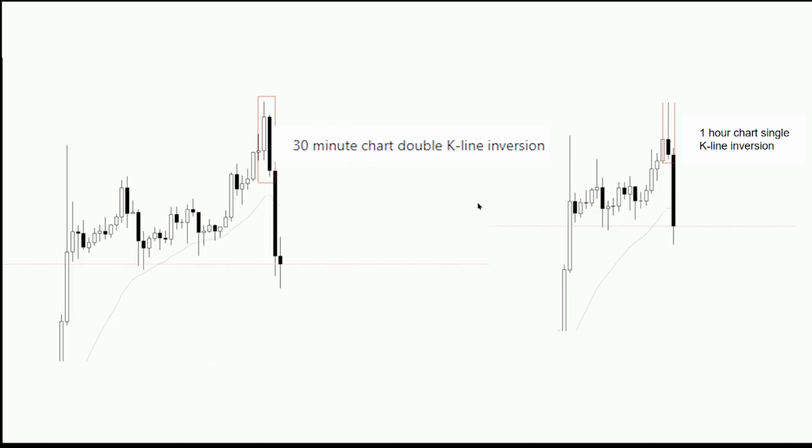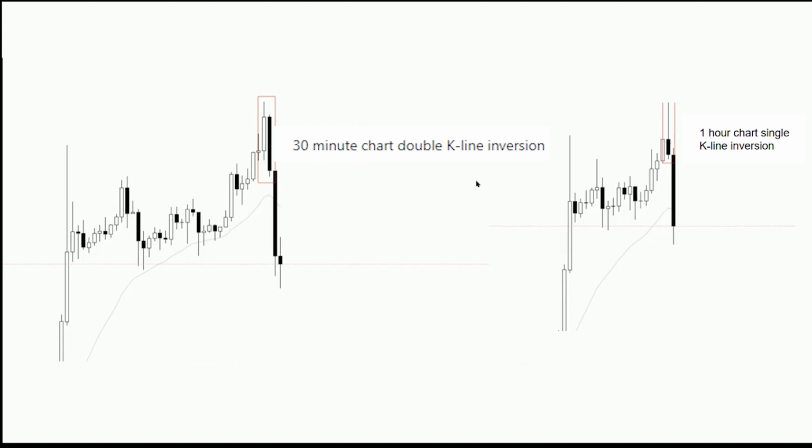So if you understand that, whether it's a single K-line reversal, a double K-line reversal, or even a three-line reversal or a direct reversal structure, you can see it straight away. You don't have to stick to the surface. Single K-line standard, double K-line standard, all these do not need to be looked at. A three-line reversal is three consecutive K-lines.